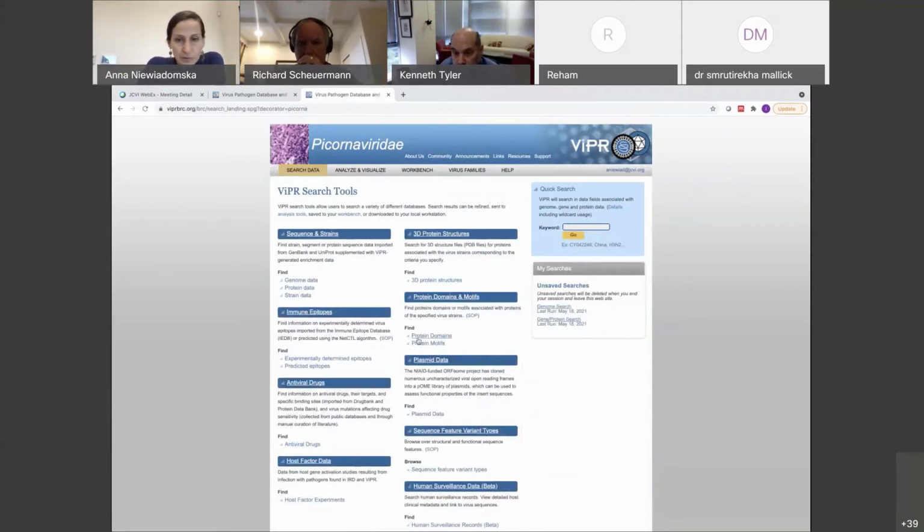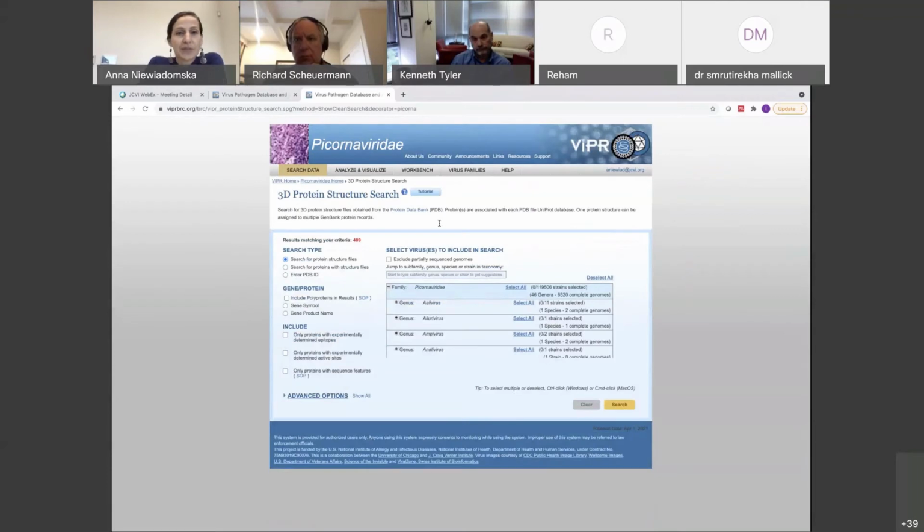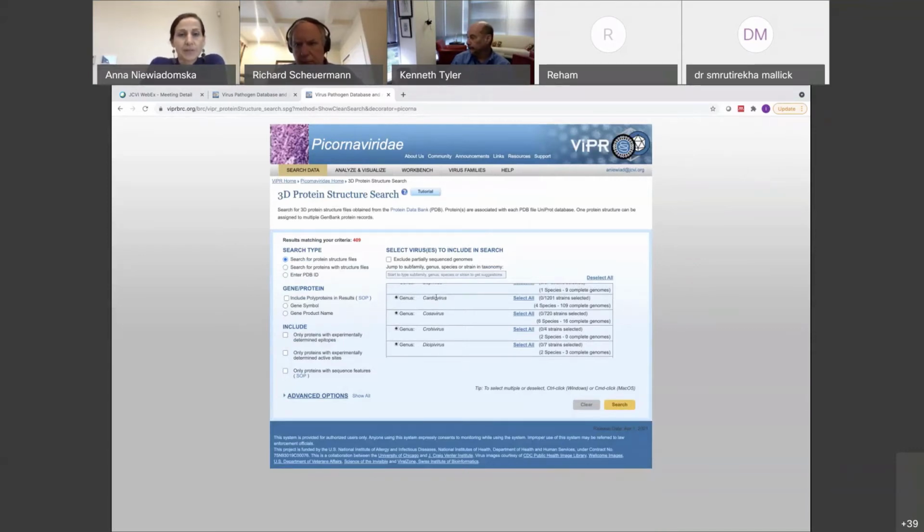Okay, so going back to the search, I'm just going to show you one more thing here. If you're interested in looking at the protein structures for a specific Picornavirus genus, you can go ahead and click on 3D protein structure search, and these are all the 3D protein structural files, whether they're X-ray crystallography or NMR, that have been imported from the Protein Data Bank.